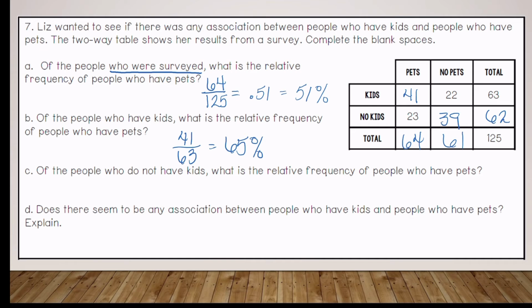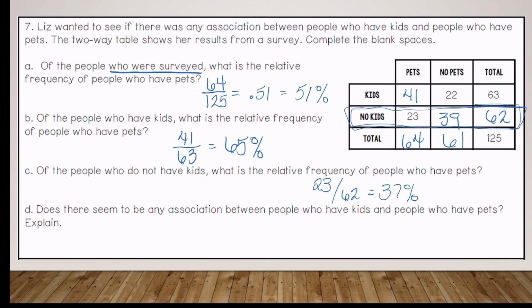And those that do not have kids, what's the relative frequency of people who have pets? The people that do not have kids, how many have pets? That's 23 out of 62, and that's 37%.